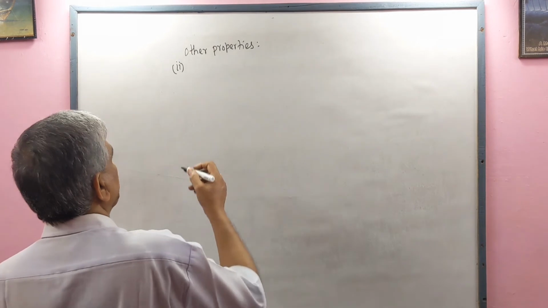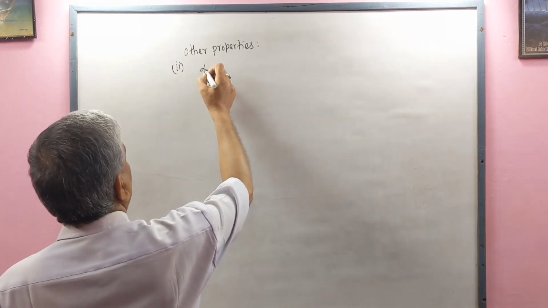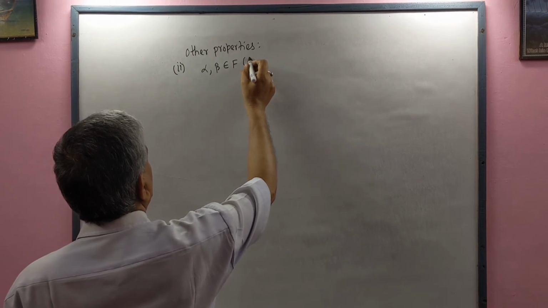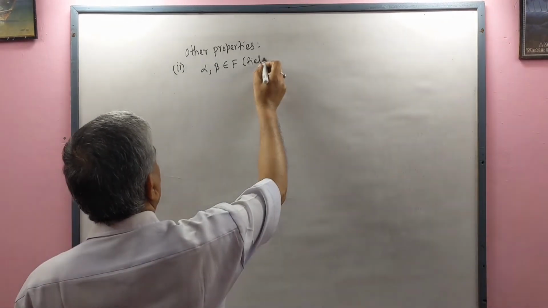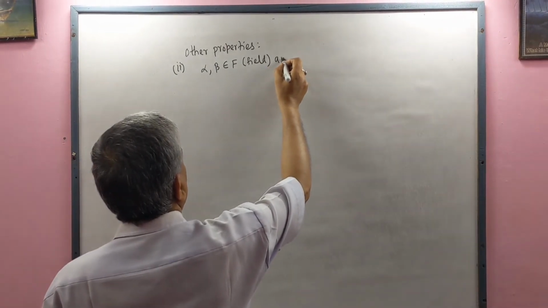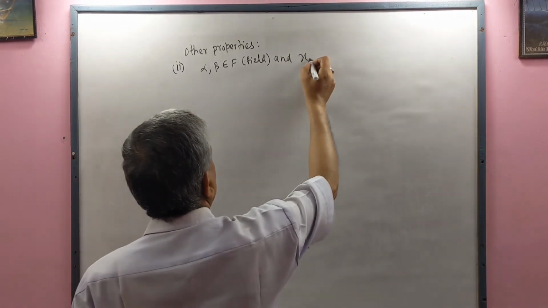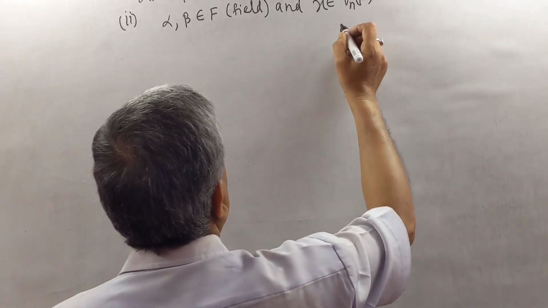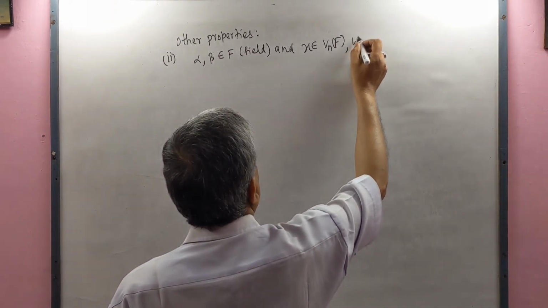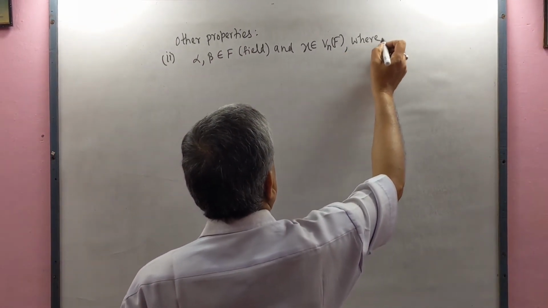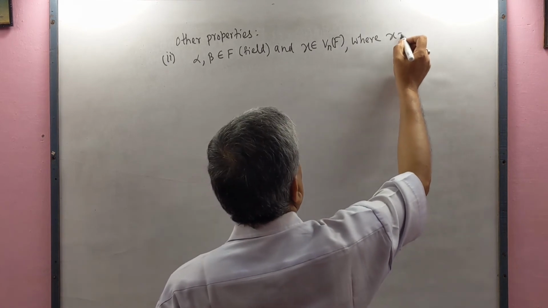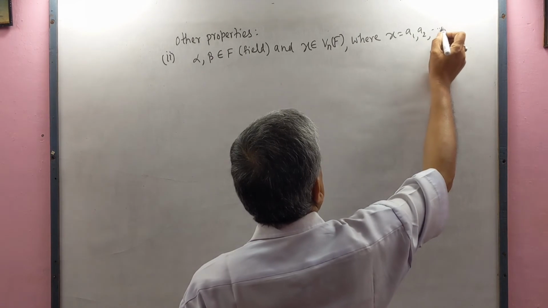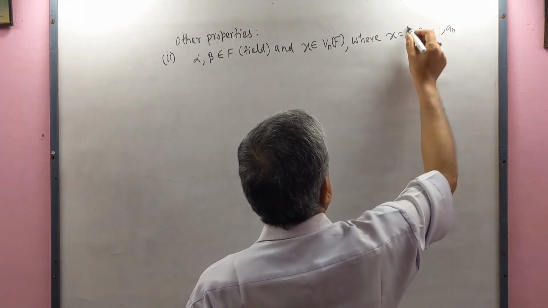Other properties 2. Let alpha, beta belong to field F and x belongs to VnF, where x equal to the ordered n-tuple (a1, a2, ..., an).